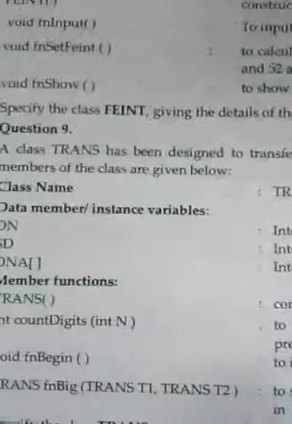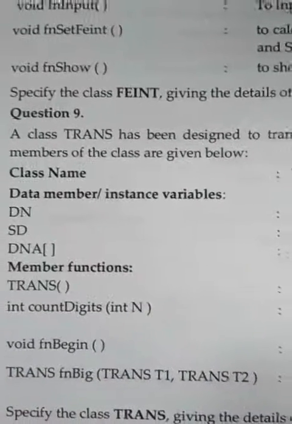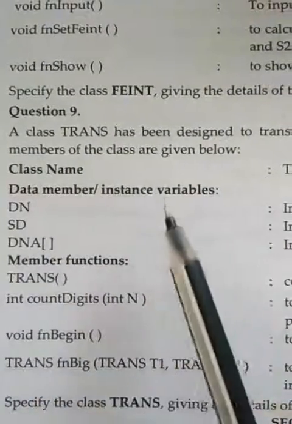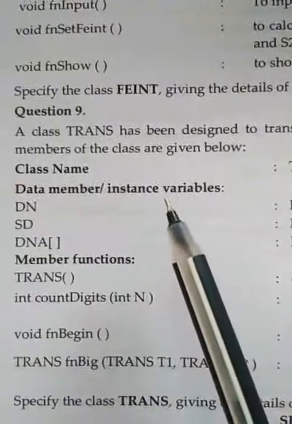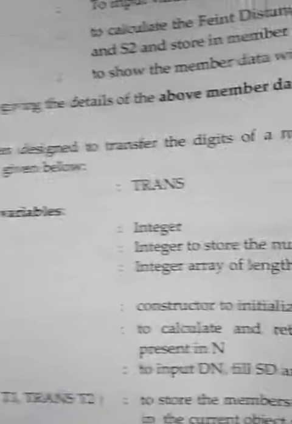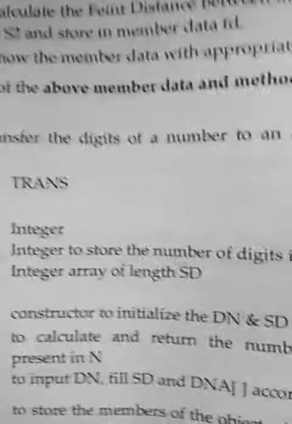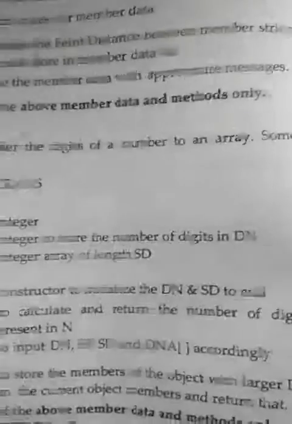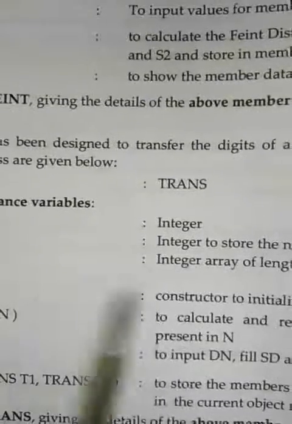This is one more question of call by reference. A class Trans has been designed to transfer the digits of a number to an array. Some of the member functions of the class are given below.